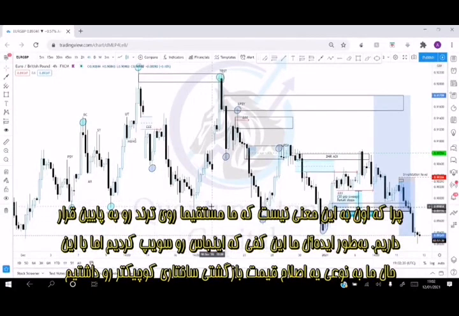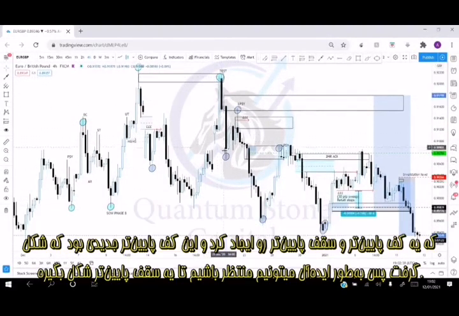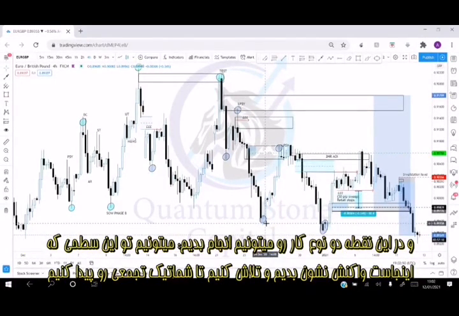We have to ideally sweep this low here. But in saying that, we have a minor structural pullback that creates a lower low, lower high, and this is the new lower low that's formed. So now we can ideally wait for a lower high to be formed, and there's two things we can do at this point.